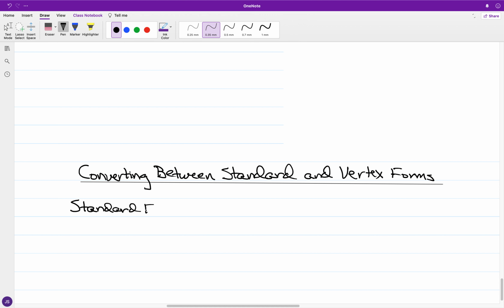Again, for the standard form, we have y is equal to f of x is equal to ax squared plus bx plus c.